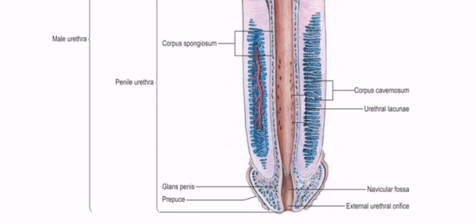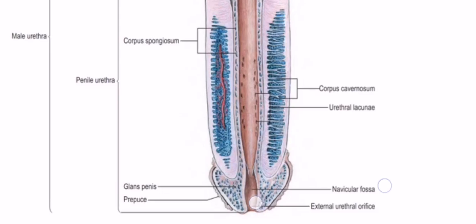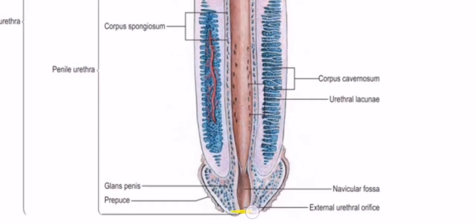The external urethral orifice is the narrowest part of the urethra. هسه صار عندنا most distensible part هو prostatic urethra, least distensible part هو membranous urethra, and the narrowest part is the external urethral meatus. This is the external urethral meatus. This is about the male urethra.